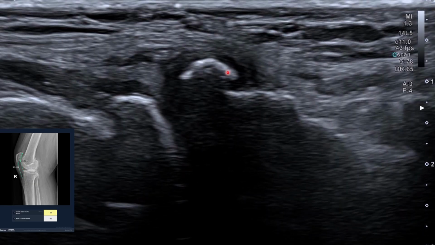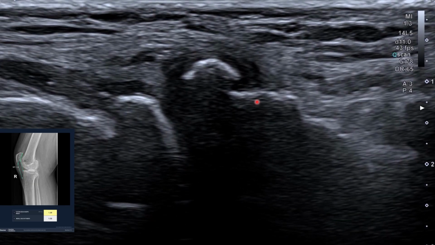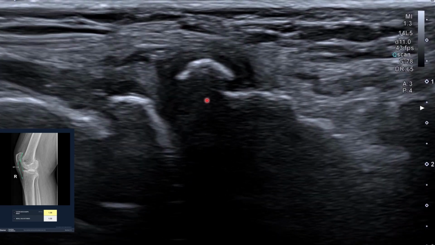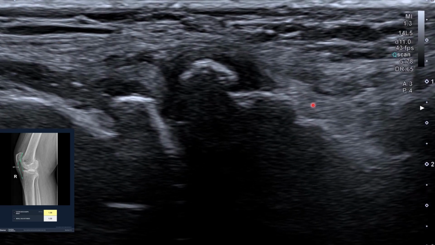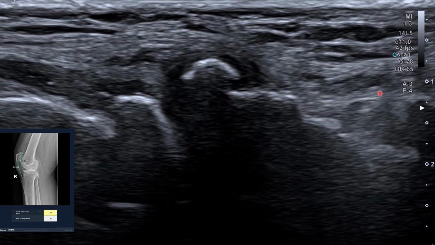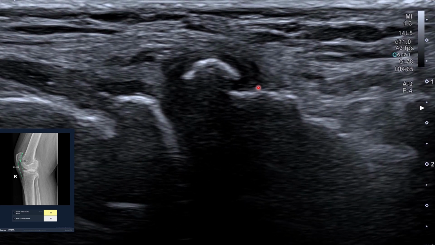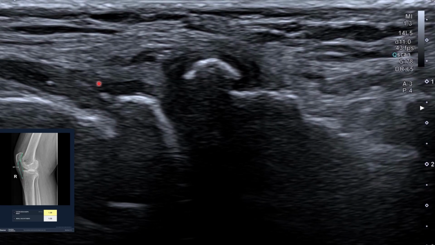So the challenge with these loose bodies, because they are free, is that they can impinge on the surrounding tendons and soft tissue when the patient is moving. That now causes localized inflammation.